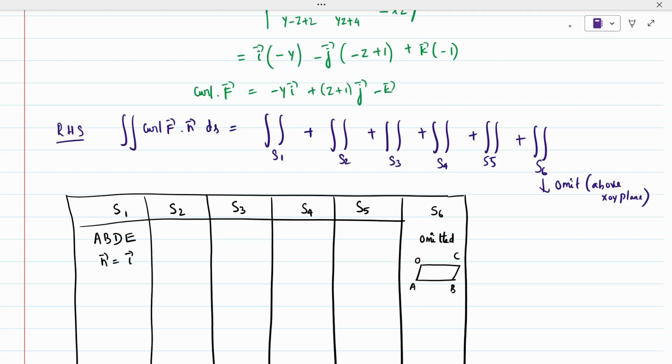And it is given in the question x equals 2. x is constant means dx is zero, so it is the YZ plane and dS is dy dz. x is 2. I'll show you the diagram.